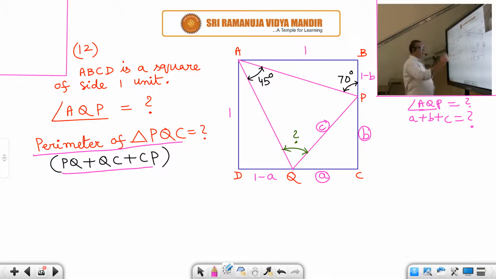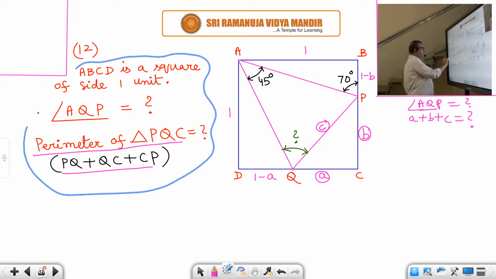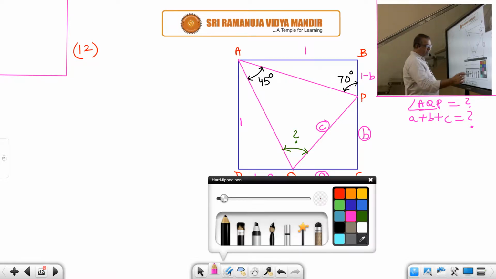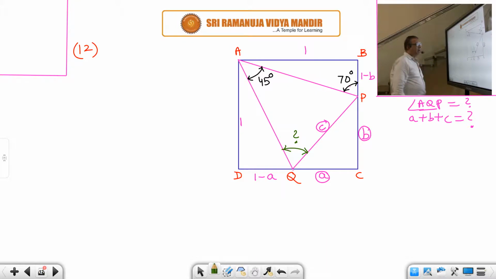Okay, I'll remove this. So I am making a construction here. I'll use, say, green color. What is the construction? Do you see the triangle ABP?